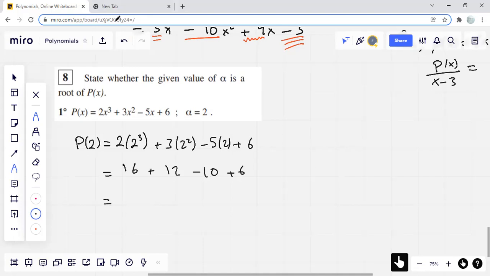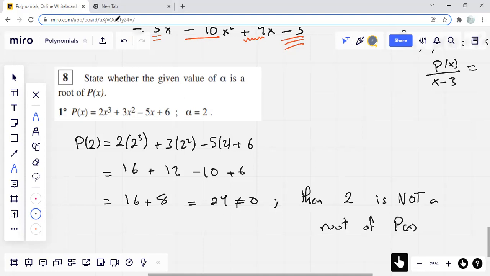Now 12 minus 10 is 2, plus 6, this is 8. So we have 16 plus 8. This is equal to 24. So this is different than 0. What do we deduce? Then 2 is not a root of p of x. Okay, so you can continue the part 2 and part 3 in the same way.